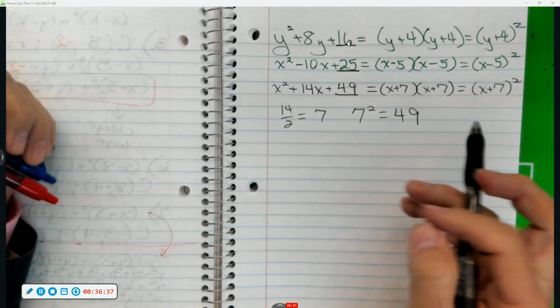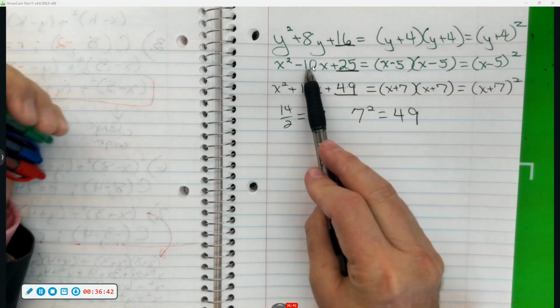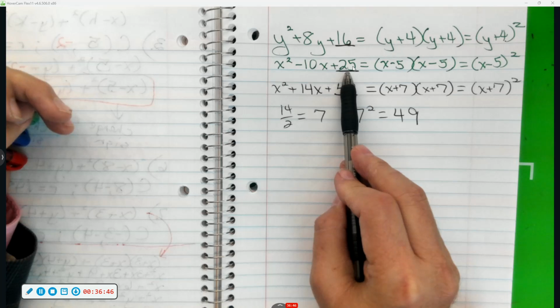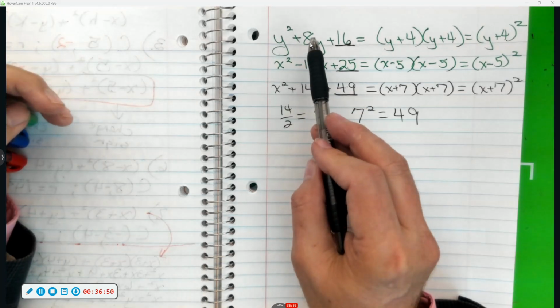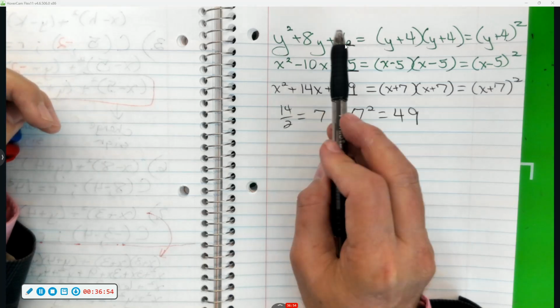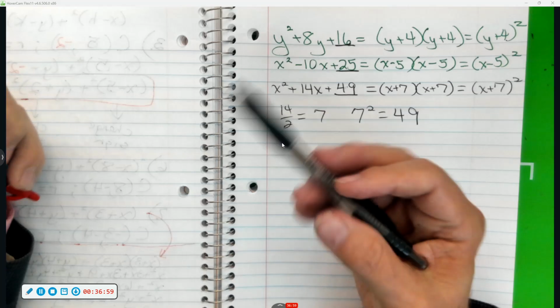Let's see, does this pattern work for 25? What's half of 10? 5. 5 squared, is that 25? Yes. What about this one? Half of 8 is? 4 squared is? 16? Let's do one more.